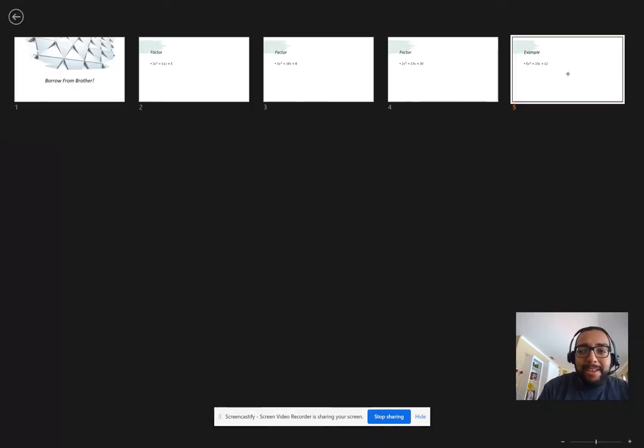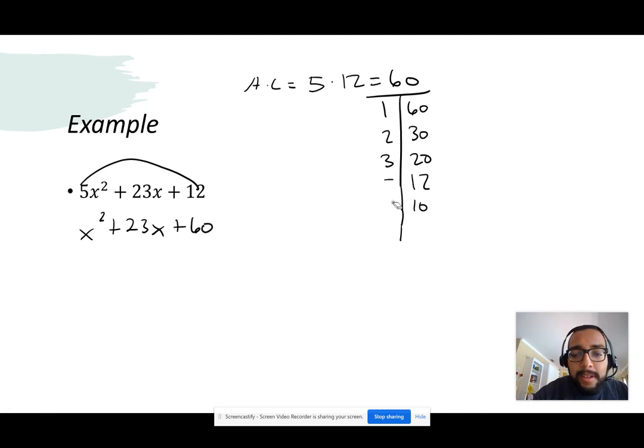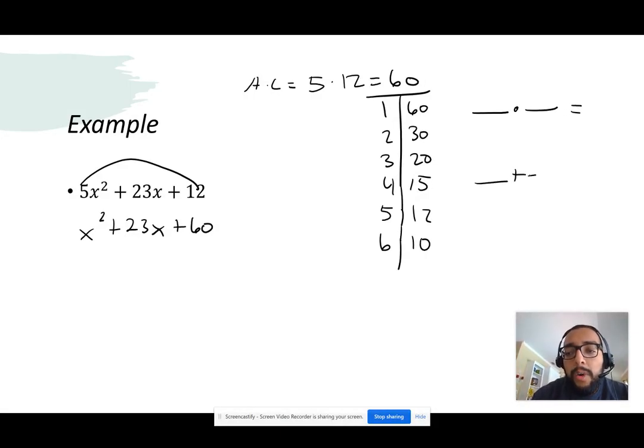I thought we had 6 pairs. We do have 6 pairs. See here, 4 and 15, 5 and 12, and 6 and 10. Perfect. That's better. But what are we looking for? We don't want all 6 of those. We want 2 numbers that when you multiply get you 60, and when you add get you 23.